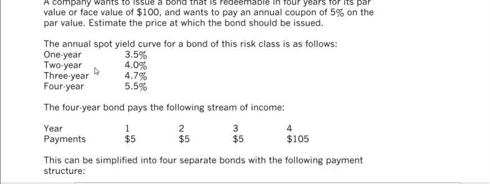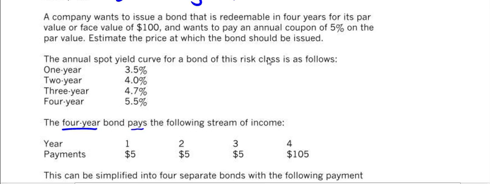Now, trying this example, you have a 4-year bond that pays a stream of cash flows, $5 each year. Now, $5 each year, what is going to happen?